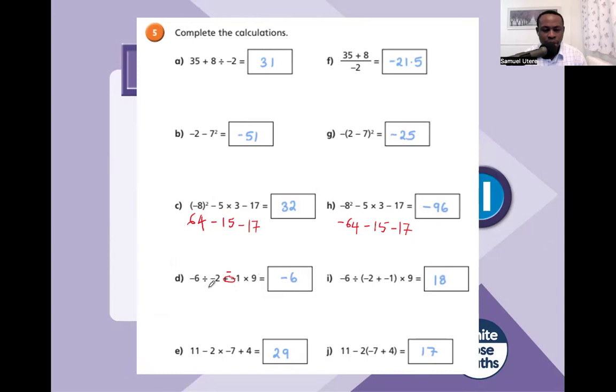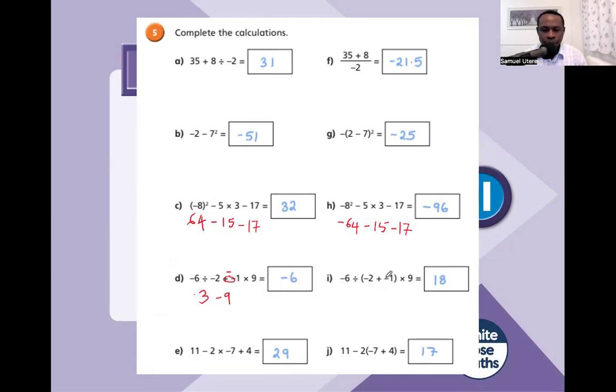So we can start with the division here first and then do the multiplication. This will be positive 3, because negative 6 divided by negative 2 will be 3. Then we have 1 times 9 will be 9. So we have 3 minus 9, which is negative 6.